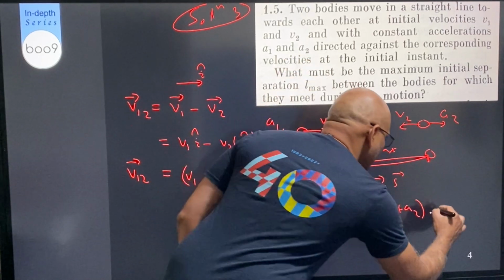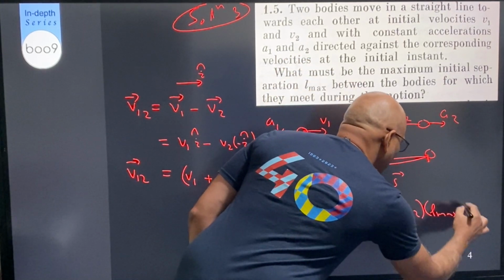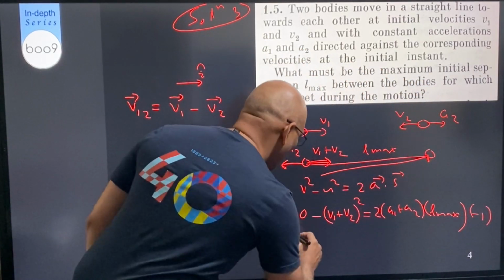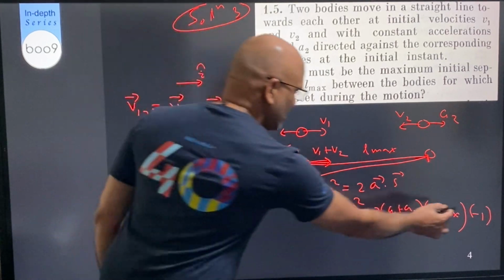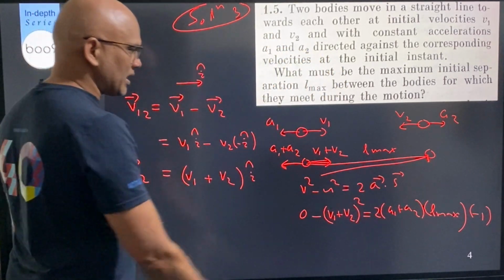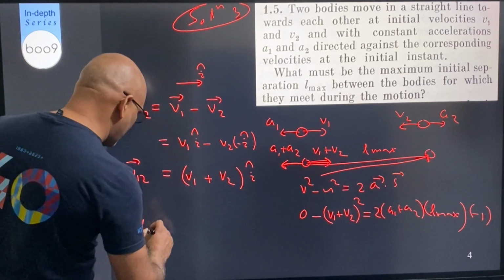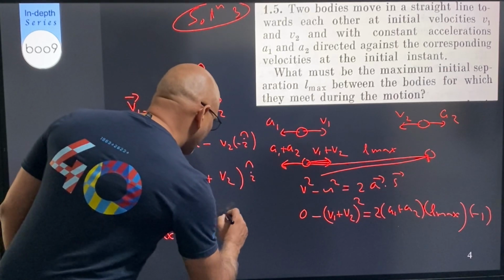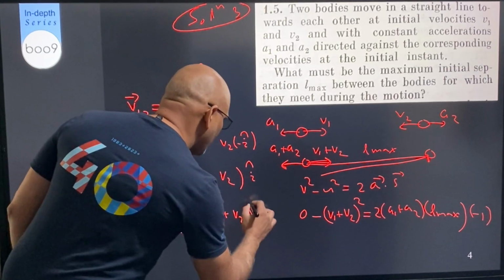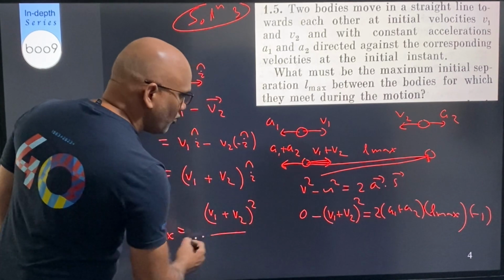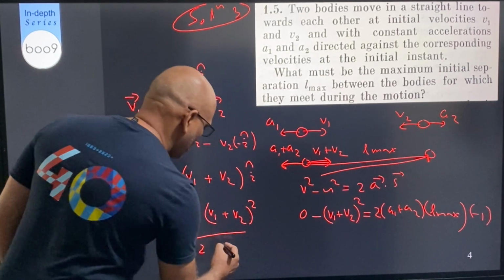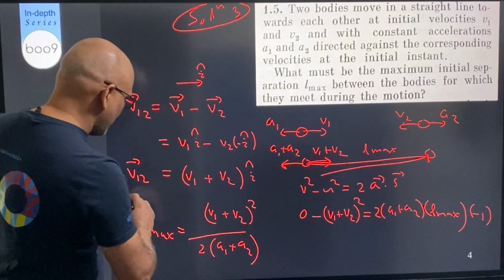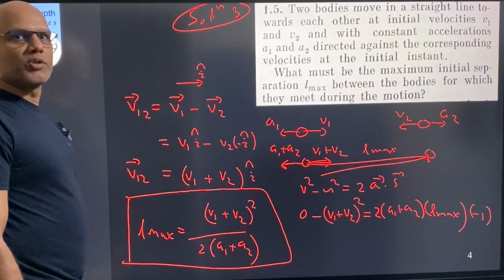S is going to be L max. And then cosine 180 degrees is negative 1 like before. So this negative 1 and negative will become positive. So that gives me L max is going to be V1 plus V2 square over 2 times A1 plus A2. So this is the correct solution.